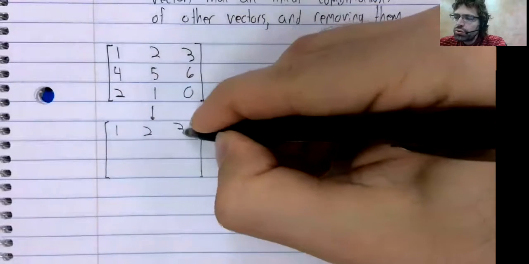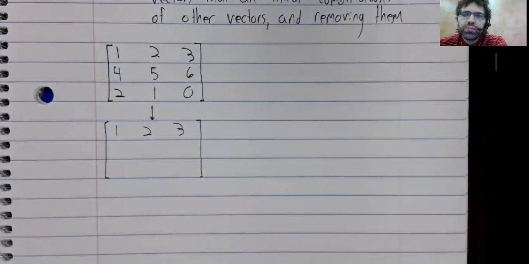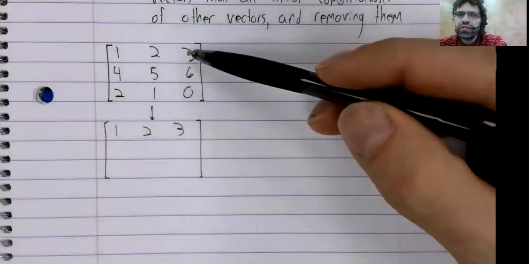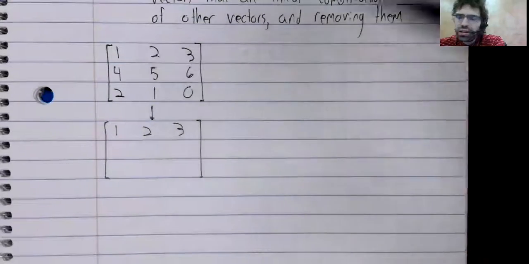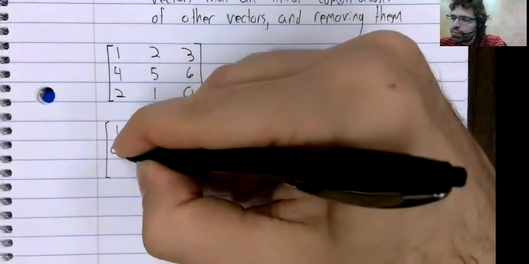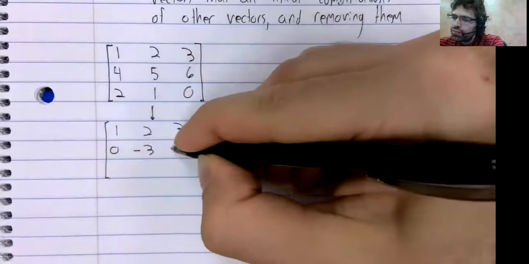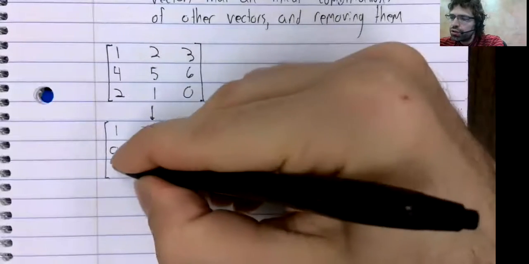Remember that this Gaussian elimination doesn't change the row space. So we'll start by multiplying the first row by -4 and adding it to the second row.